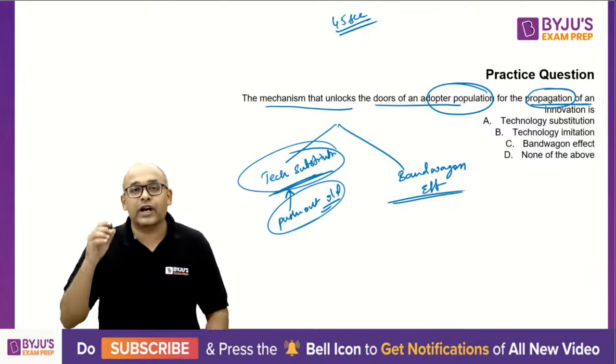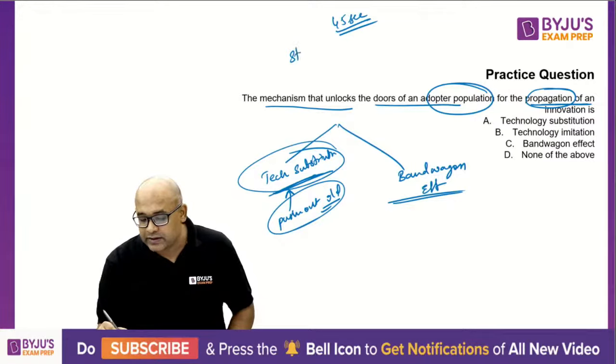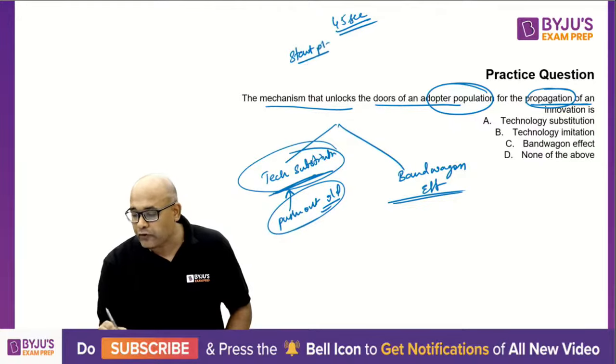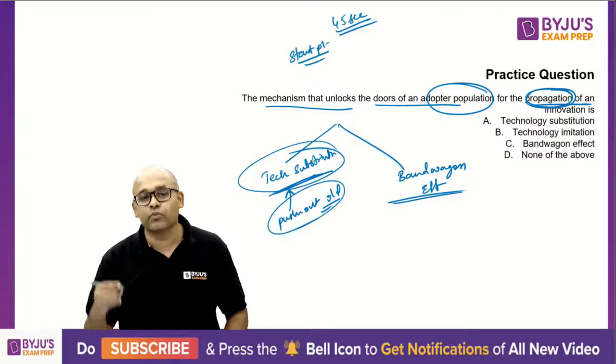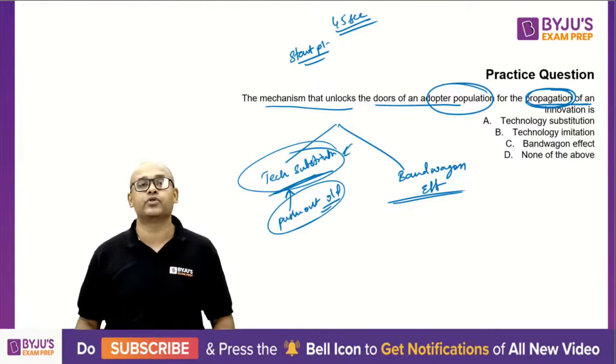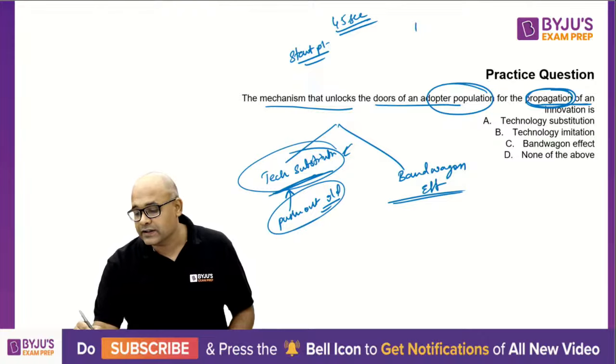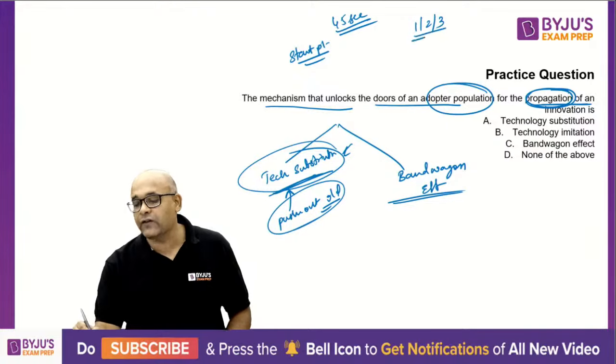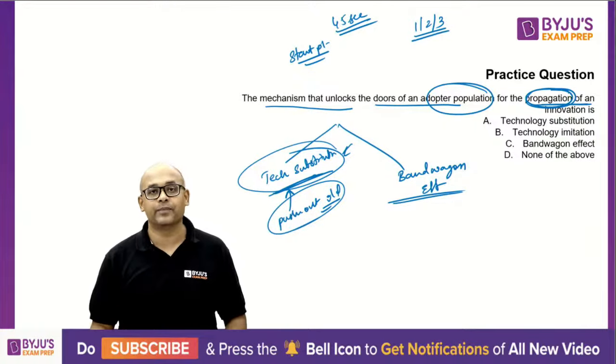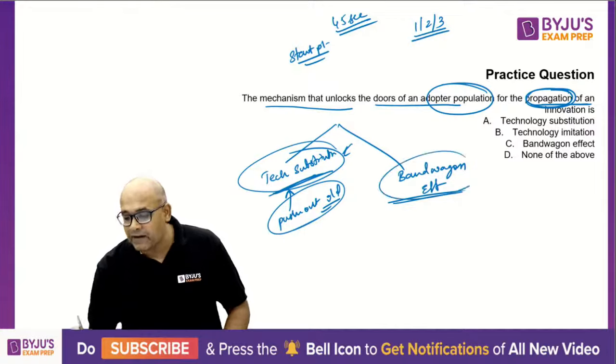So the starting point of all propagation mostly starts with technology substitution. Then after the first, second and third phase of people start accepting it, it becomes the bandwagon effect.